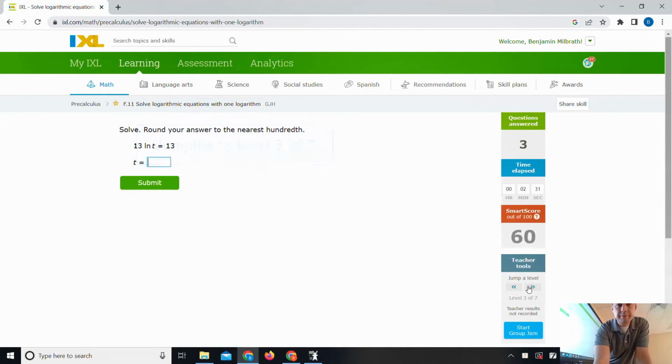Those are all easy. Here's level 3. Oh my God, we have to do division. Divide that 13 out. When you see an ln all by itself, just put that little understood e there. A logarithm, base e, argument t, is now equal to 1. Your base is e, your exponent is 1, and it must equal the argument.